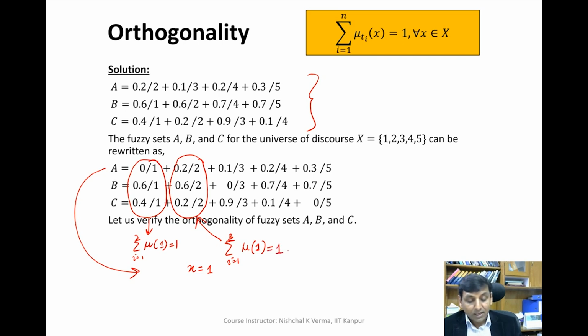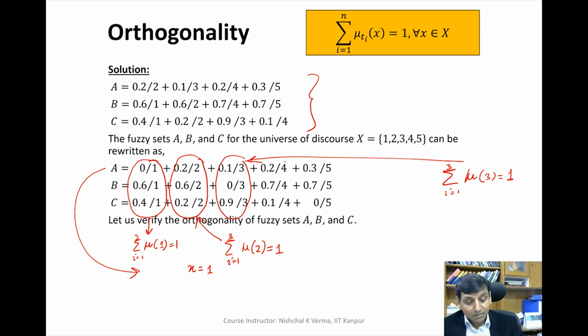This is for the generic variable value 2. Here, for generic variable value 3, if we sum all the membership values, i equal to 1 to 3, all the 3 membership values corresponding to the 3 fuzzy sets, we get 1.